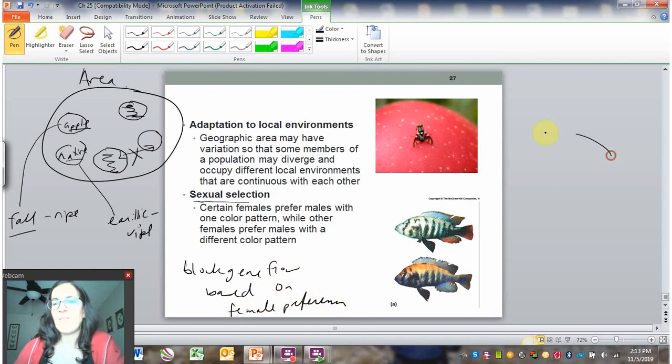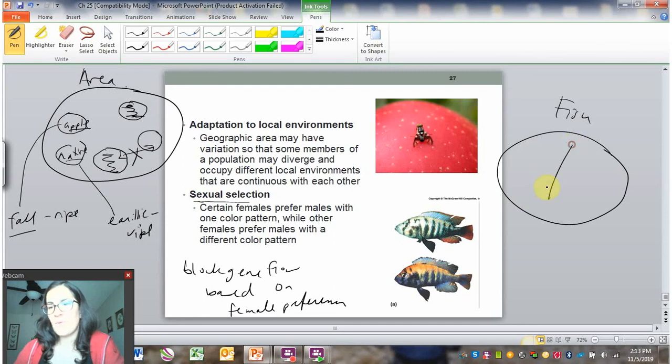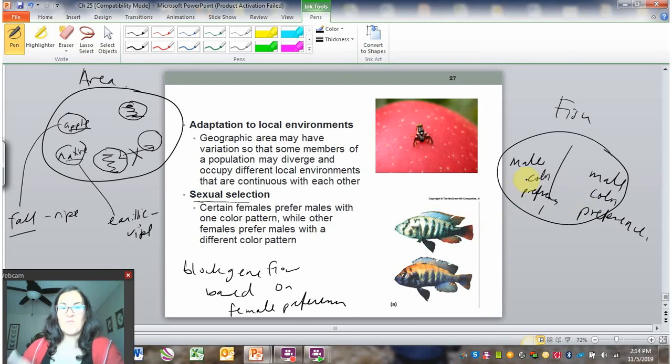So you might have an original population of fish, but you have some females that have one preference for the male, and another set of females that have a different color preference. And so they're the same species, but some females like one type of male, and the other group of females likes another type of male.